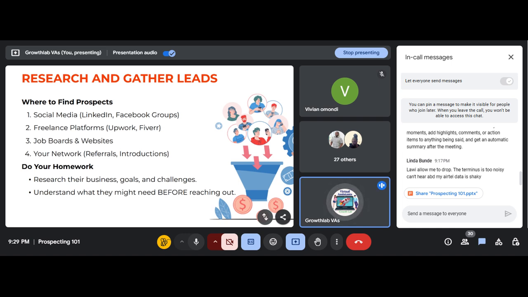You have a number of places to find them: social media being one, freelance platforms, job boards, and your networks. The third one, job boards, is not my favorite, and I would not really encourage you to dedicate your time to job boards. The reason is a lot of freelance jobs are not advertised.